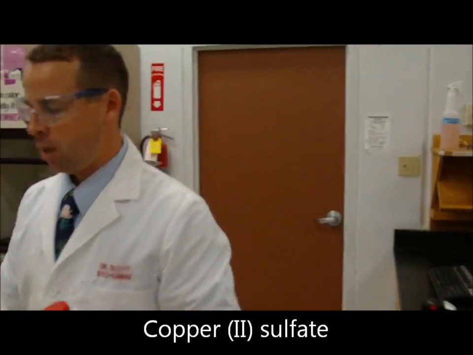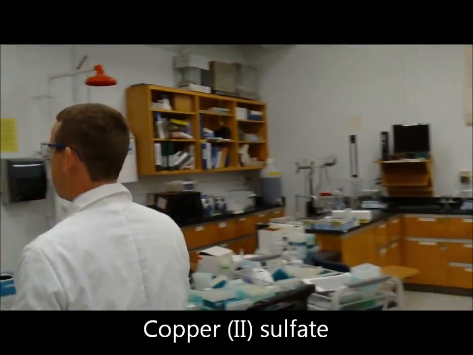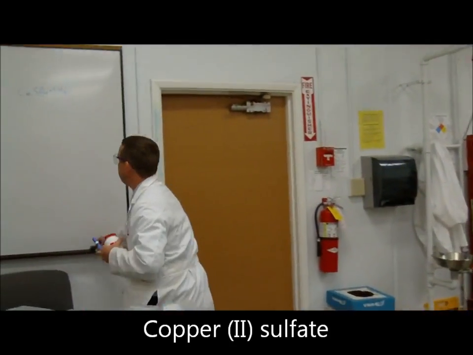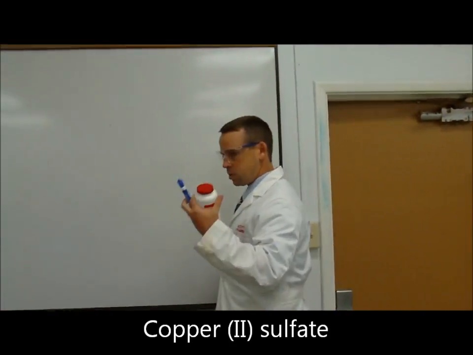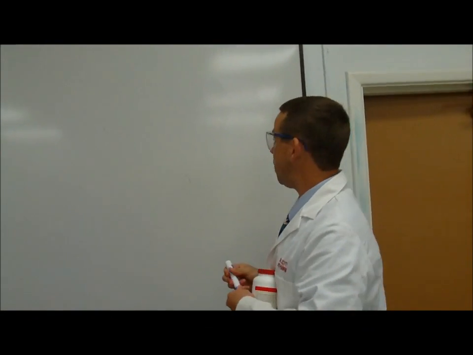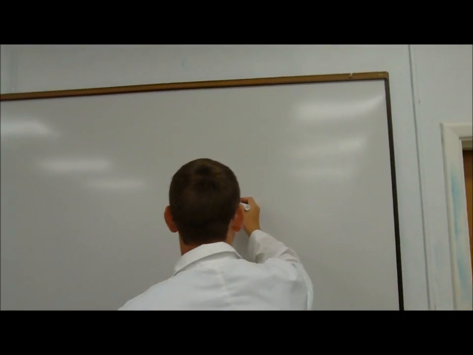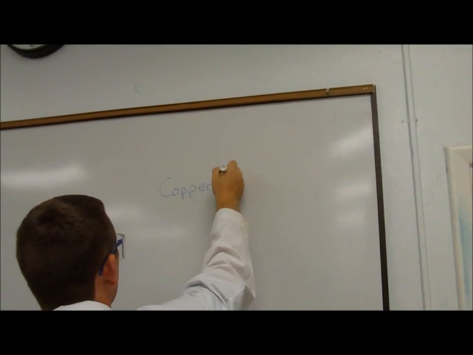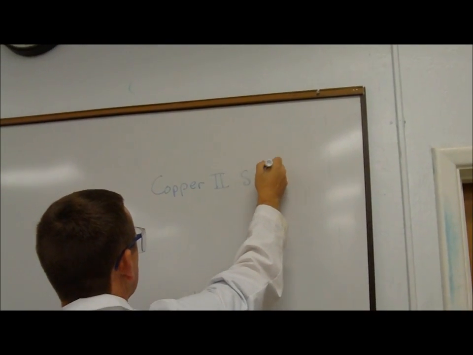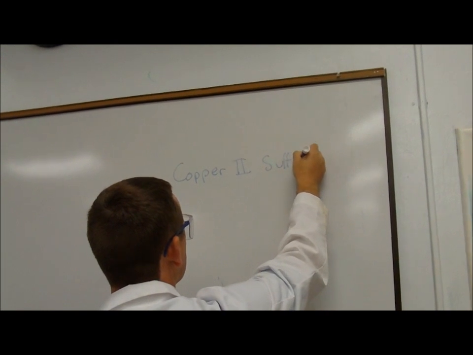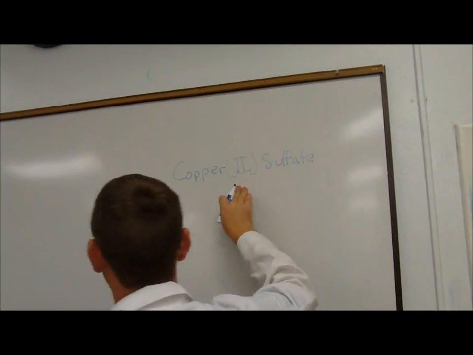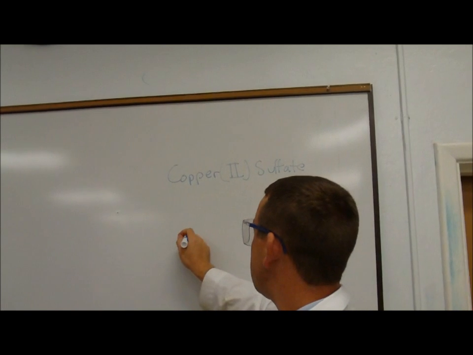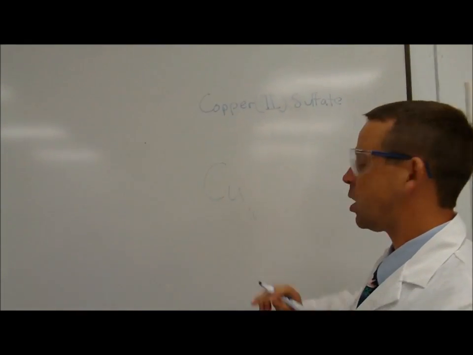All right? Let's go to the board here for a second and talk about what copper sulfate is. It's copper 2 sulfate, and that 2 refers to the charge on the copper ion. So here's the copper ion.